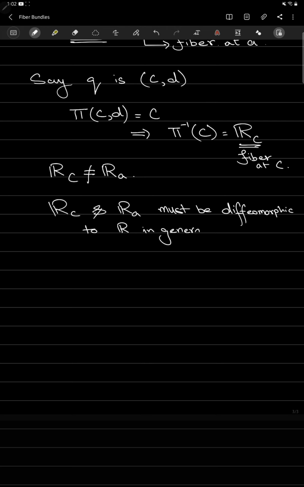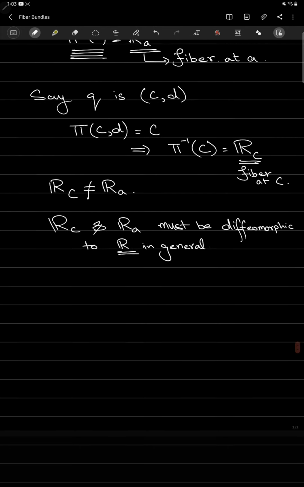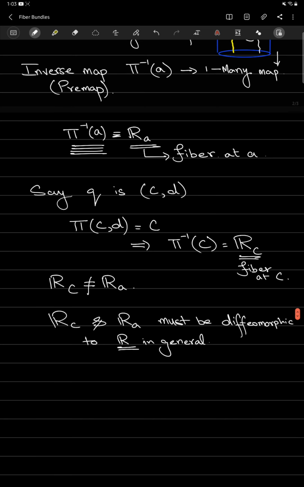Now, if that is the case, then we say that we have a fiber bundle, and RC and RA are diffeomorphic to the generic fiber, which is the real line R. You can clearly see that this is the case.